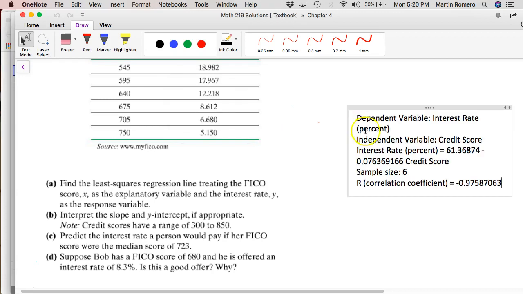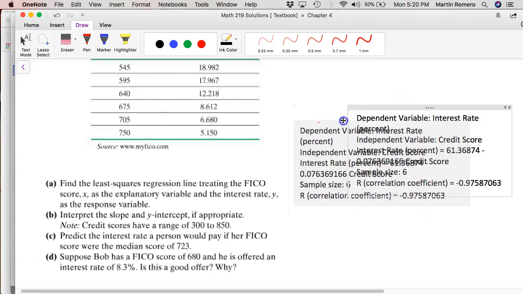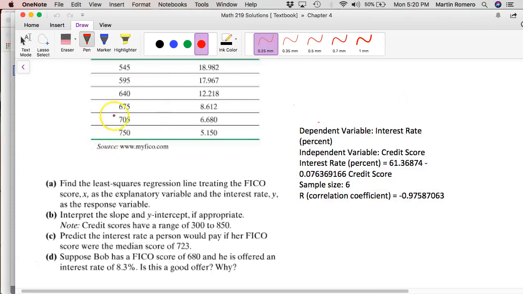So for part A, using that information, your equation is, I'm going to use different variables here. Your y is your interest rate. Your credit score is your x.